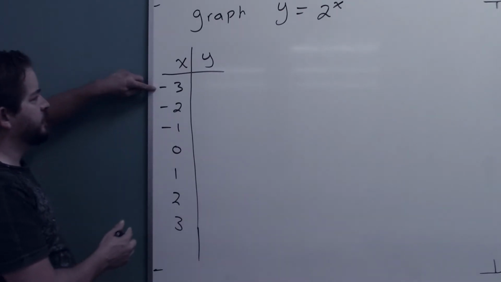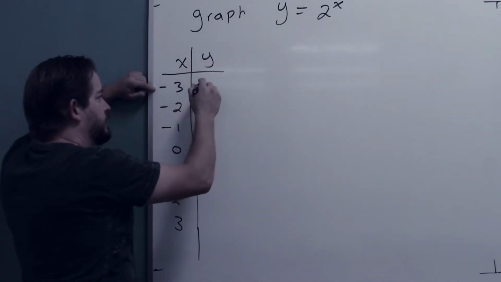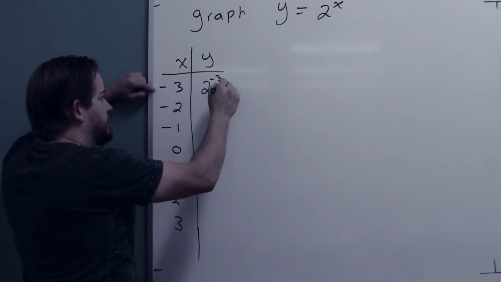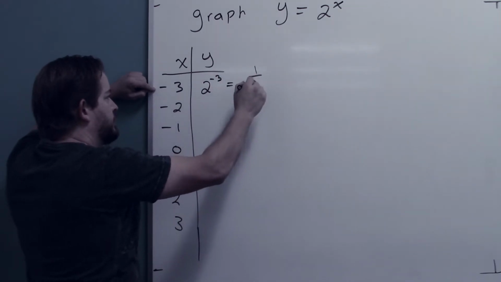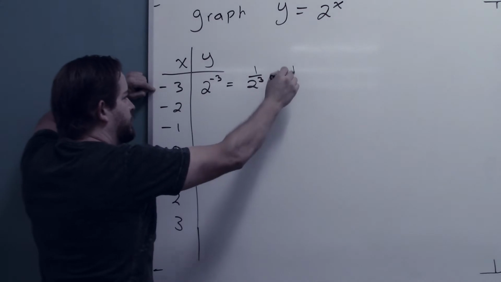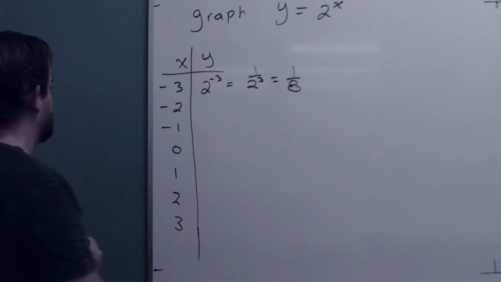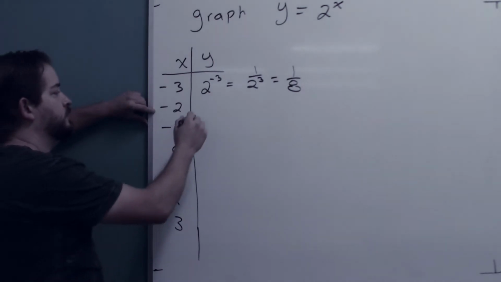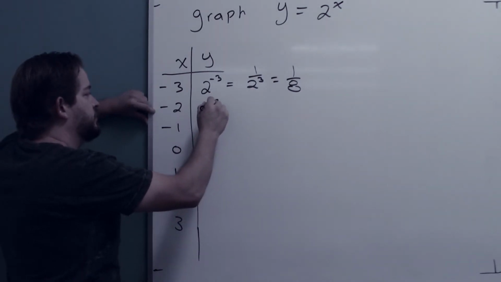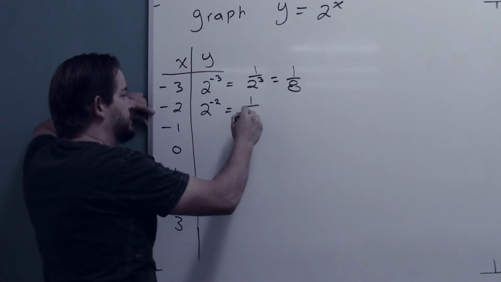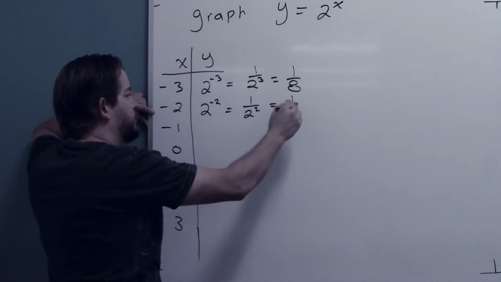But if x is -3, y is 2 to the -3, which is 1/2 to the 3rd, which is 1/8. If x is -2, then y is 2 to the -2, or 1/2 to the 2, or 1/4.